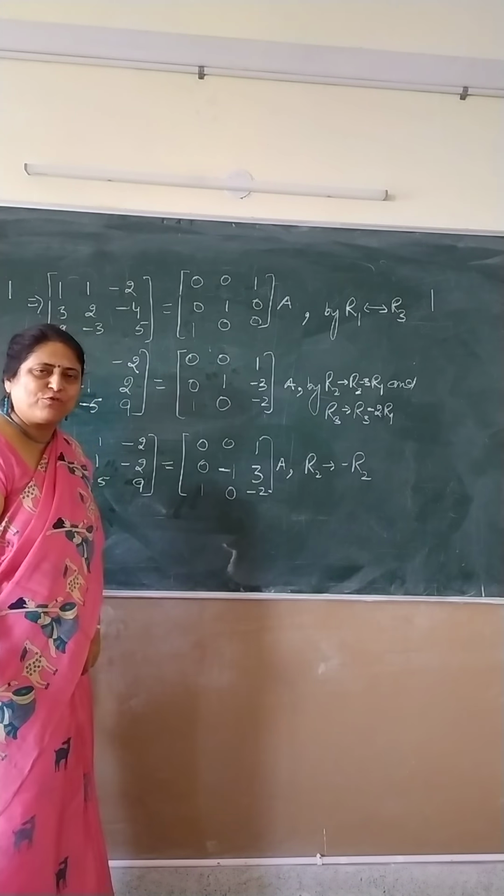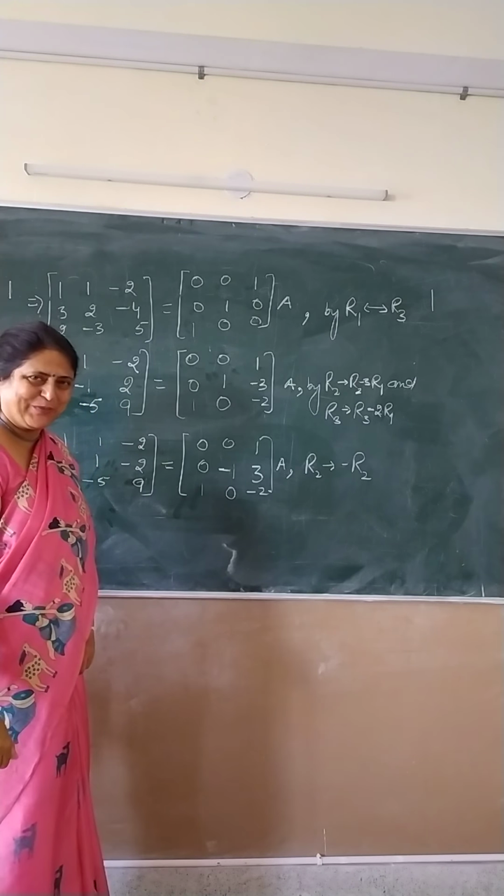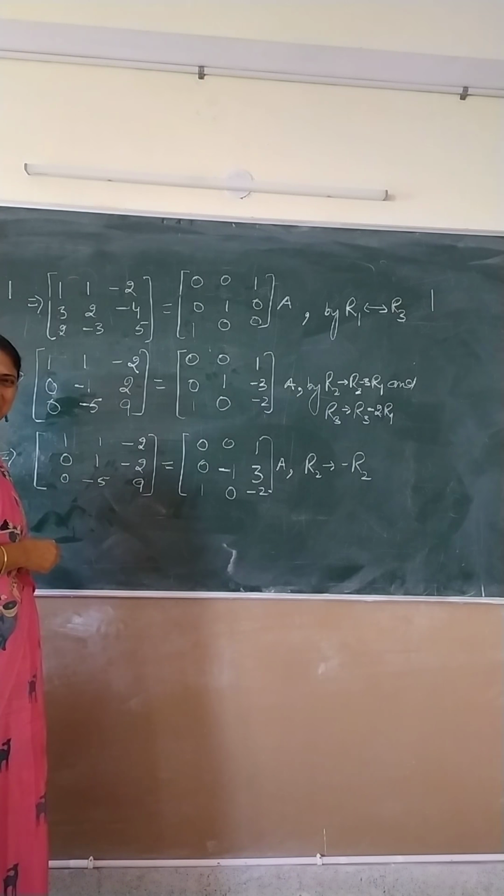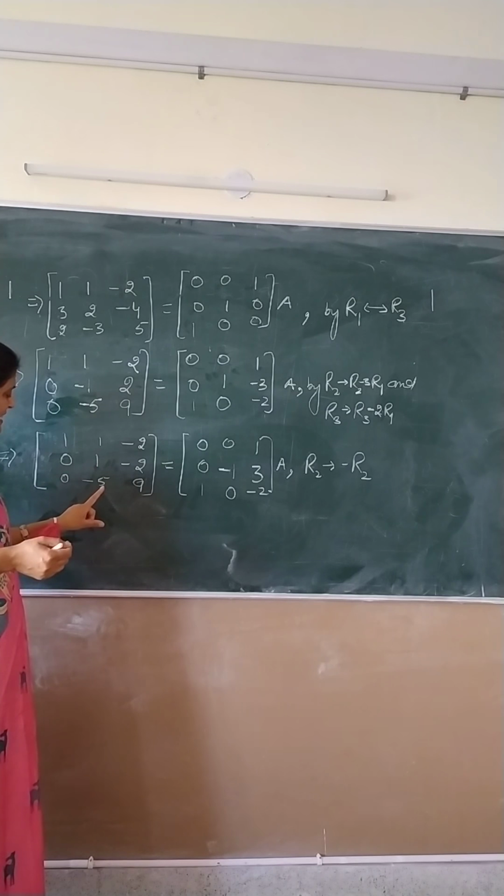Multiplying this R2 by minus 1. Now, after this we have to make this 1. Now students, after this what you have to do? After this you have to make this entry 0. This entry 0. Only add this one 1.